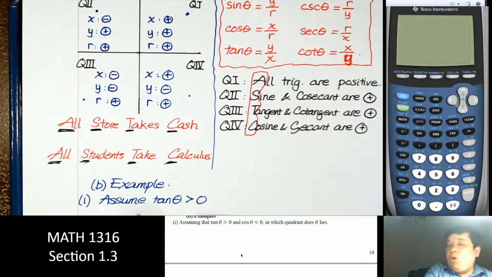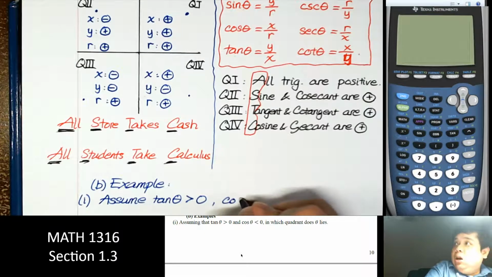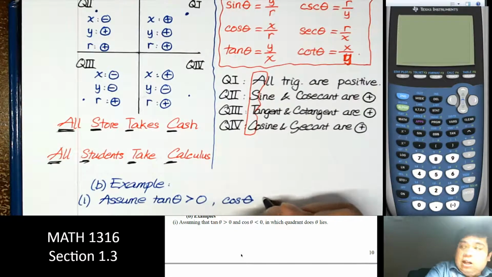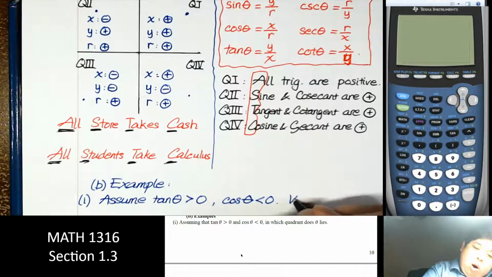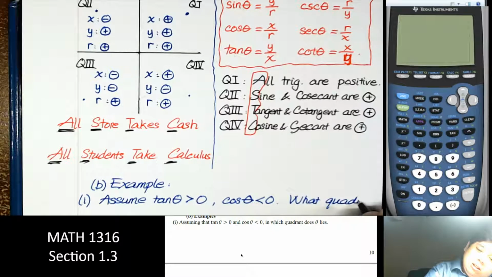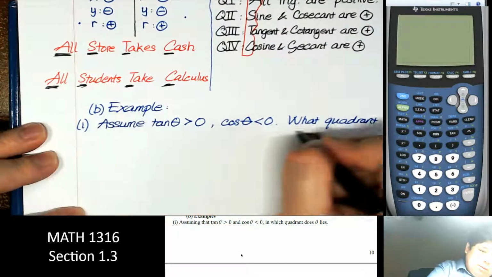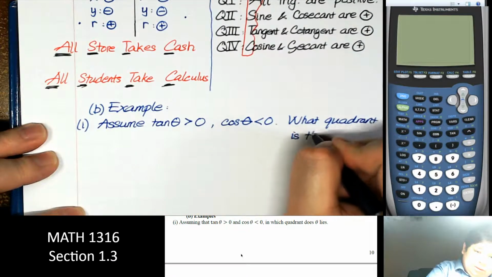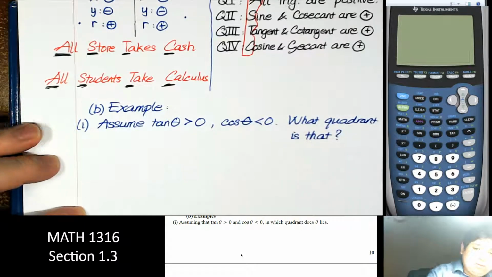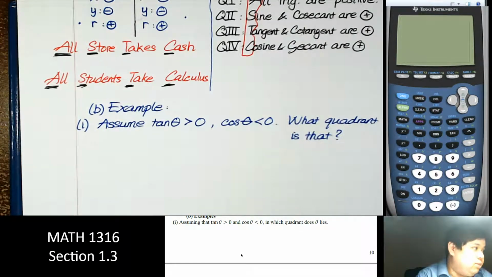If we have tangent is positive, cosine is negative, what quadrant is that? That is the question.